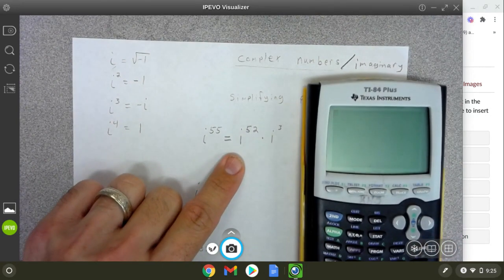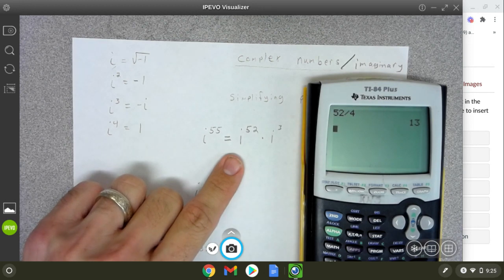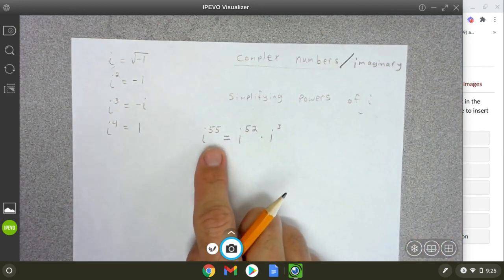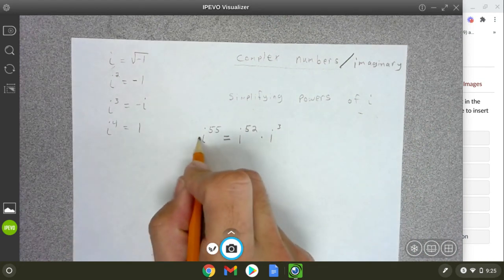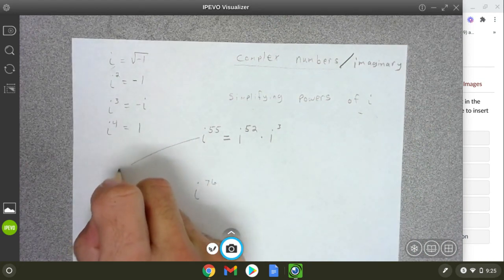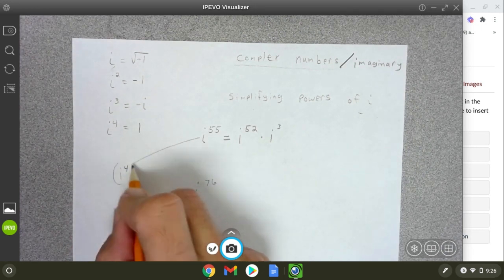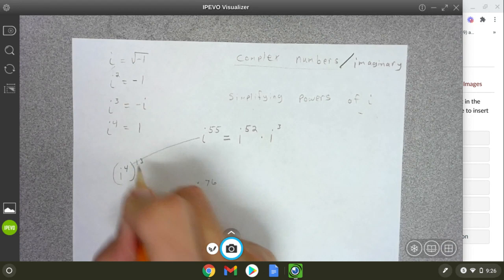The reason I did 52 is because 52 divides by 4 evenly. Now, the fact that it divides by 4 evenly means that I can think of it as i to the fourth to the 13th power.